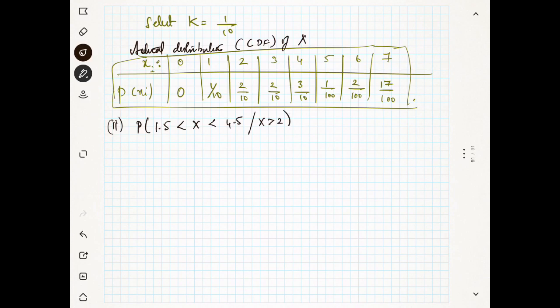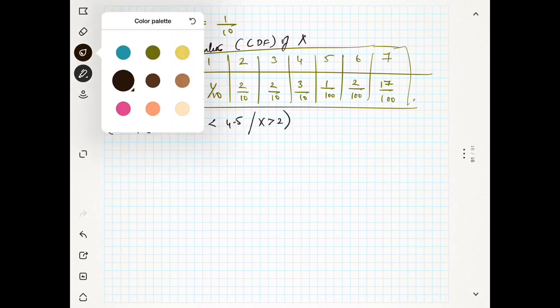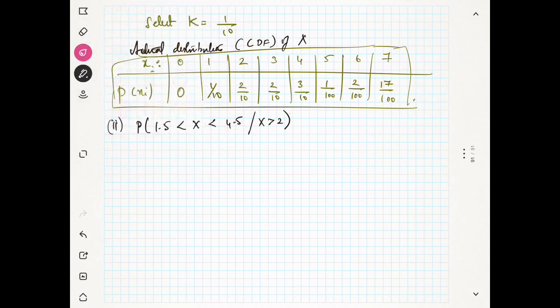So it is very easy from the question itself. For x greater than 2, that means the outcomes are actually 3, 4, 5, 6 and 7, right? Then what is the probability that it is between 1.5 and 4.5? We have only these outcomes.